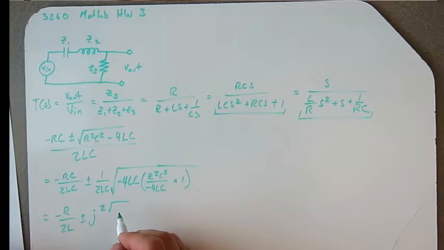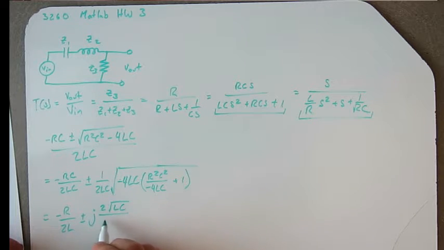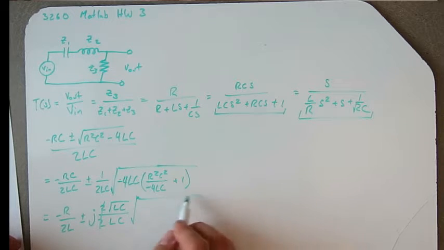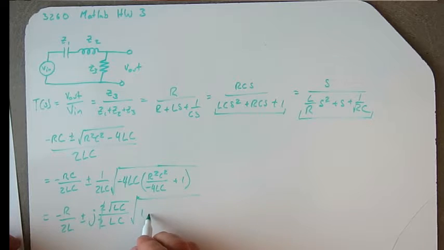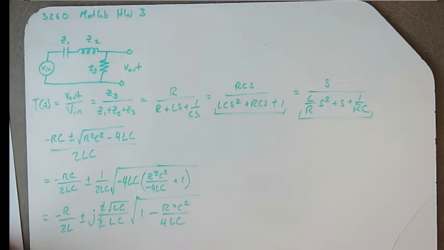Did I do something wrong? Nope, all good. I still have this 2LC down here. Those 2's are going to cancel. Square root, let's put the positive first, 1 minus R squared C squared over 4LC. Alright, and the last simplification.